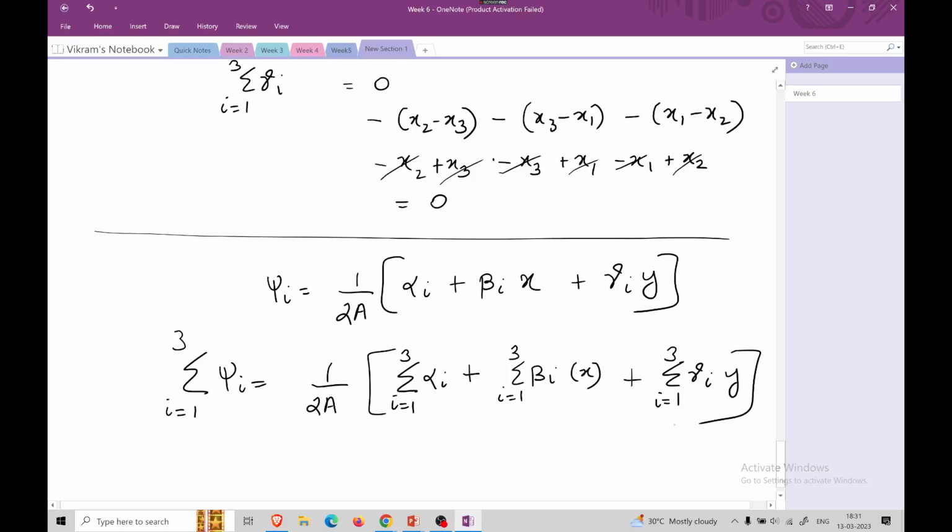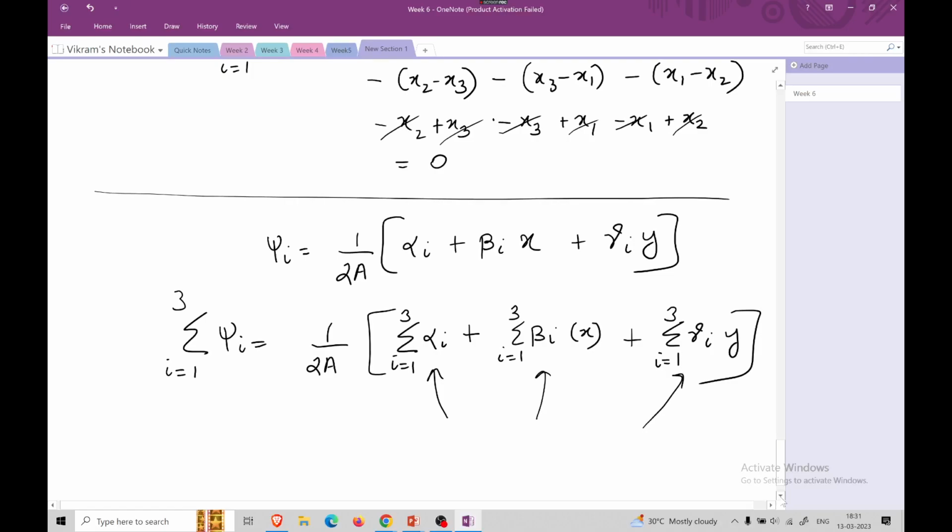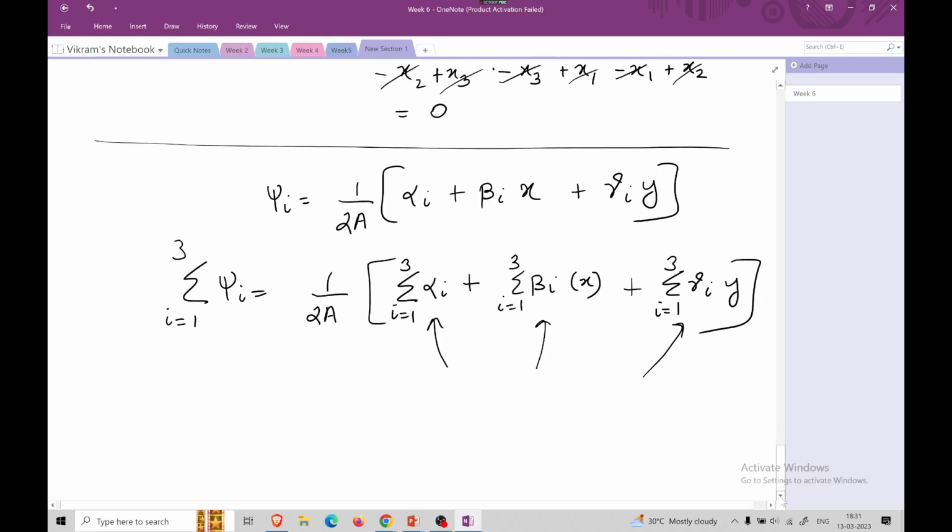You can see that we have individually solved these. Summation of alpha we have seen, summation of beta we have seen, summation of gamma we have seen. So from here, can you calculate the summation of psi I? Yeah, correct.